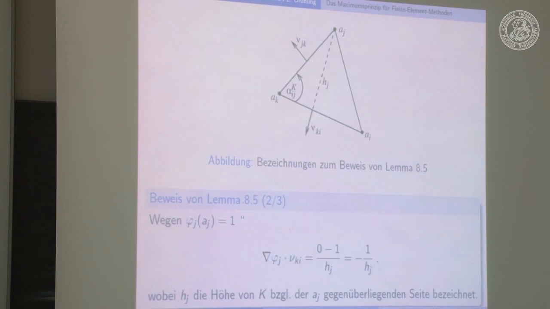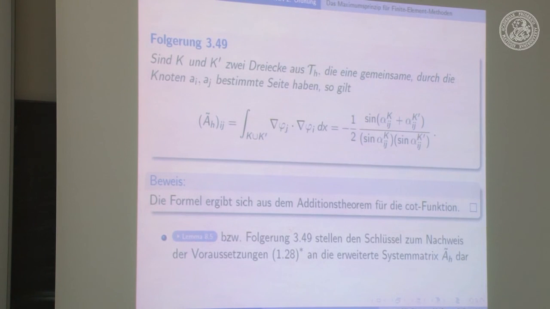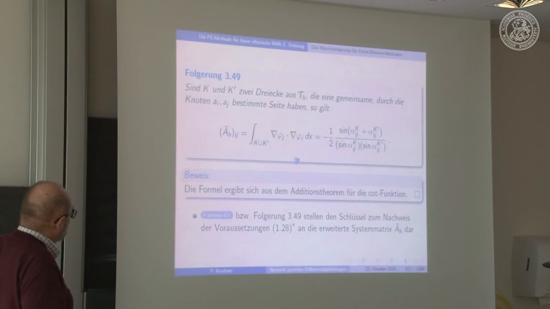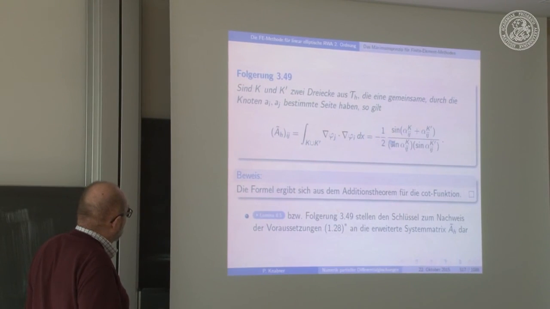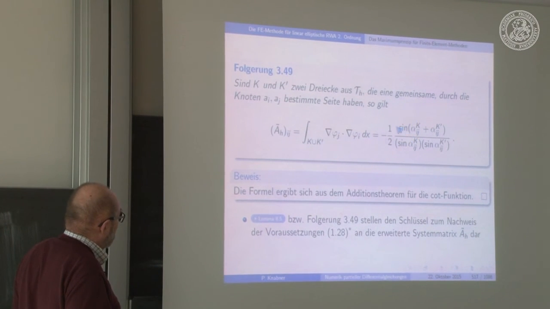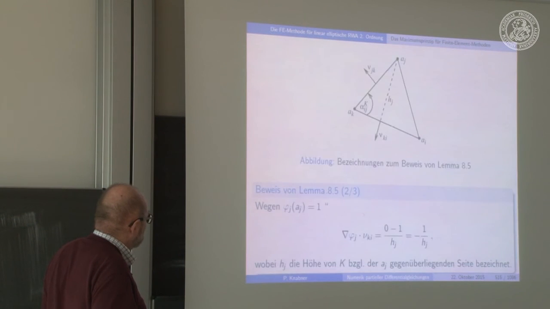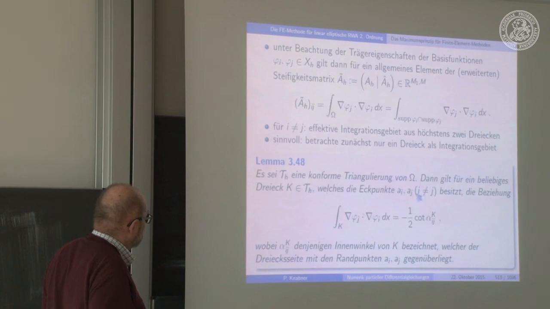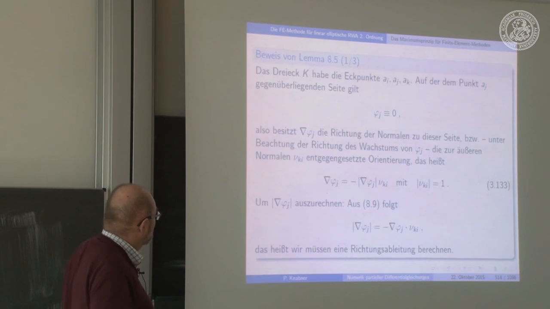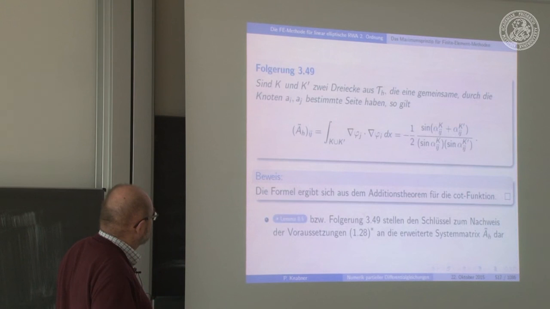We have an angle alpha ijk and one of the other element, alpha ijk dash. We have to add minus 1/2 cotangent of the one alpha plus cotangent of the other alpha. But the sum of the cotangents is just this quantity.